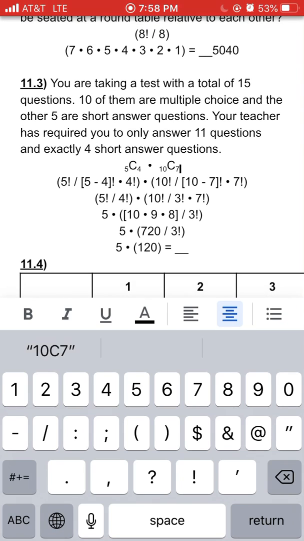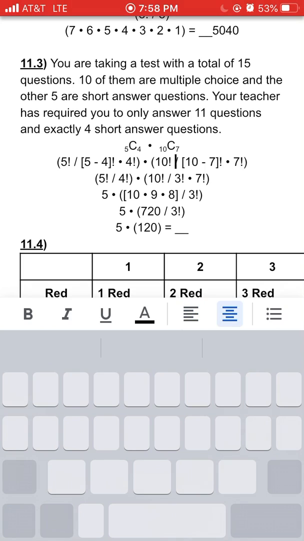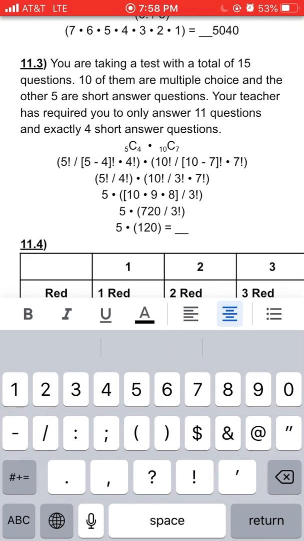And so after I wrote out everything, you can see for the first line right here, it's just a formula, really. Really, it's just a bunch of canceling out. I'll try my best to explain this. I'm not good at that. So you have 5 factorial over 5 minus 4 factorial times 4 factorial.